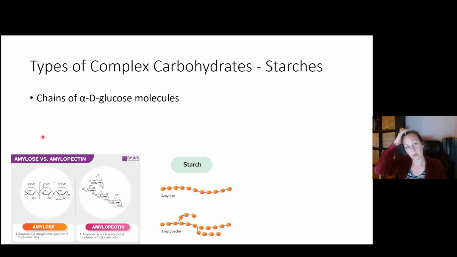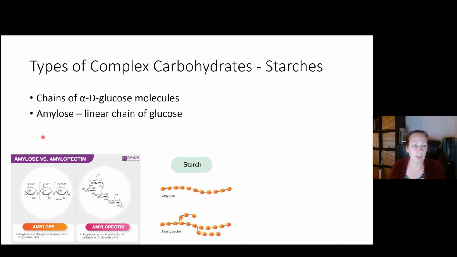If you remember, D glucose is the natural form of glucose, and that can be alpha or beta, and alpha is digestible and beta is not. So the starches are alpha, so they're the digestible complex carbohydrates.